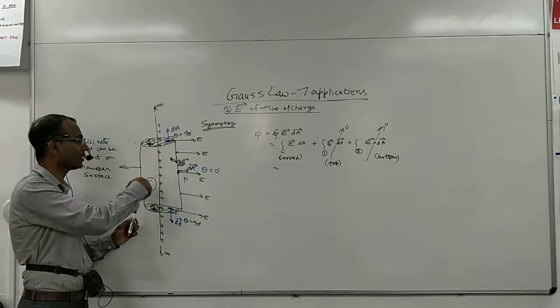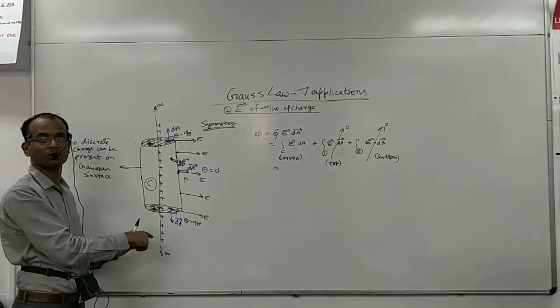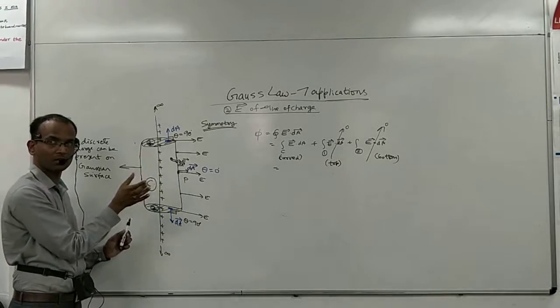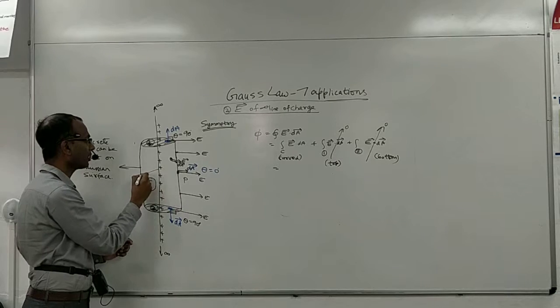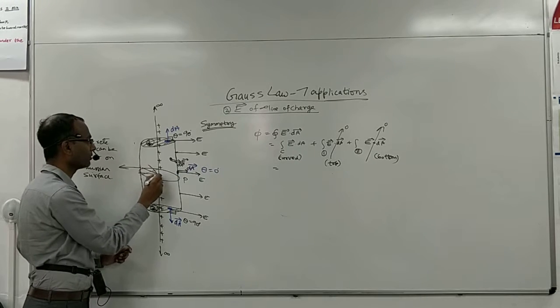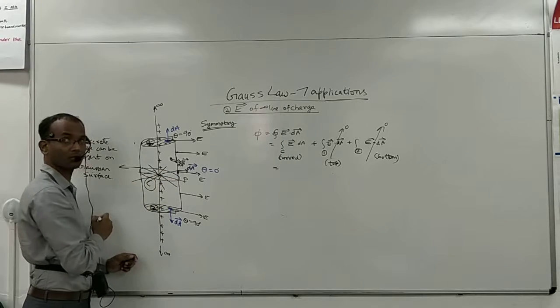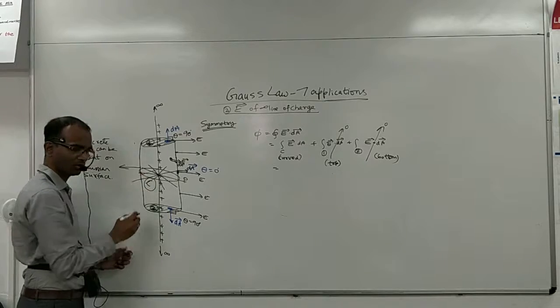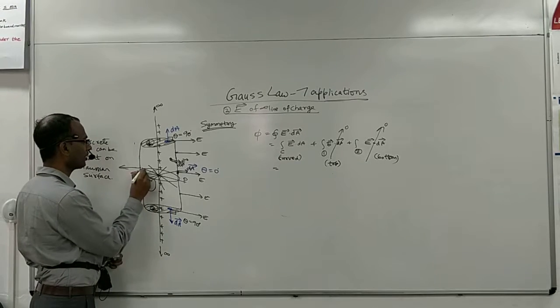So the curved surface area is parallel to the line of charge. Electric field lines are coming out like a circle, right? So electric field lines are going like this. Everywhere the area vector is also going in the same direction.